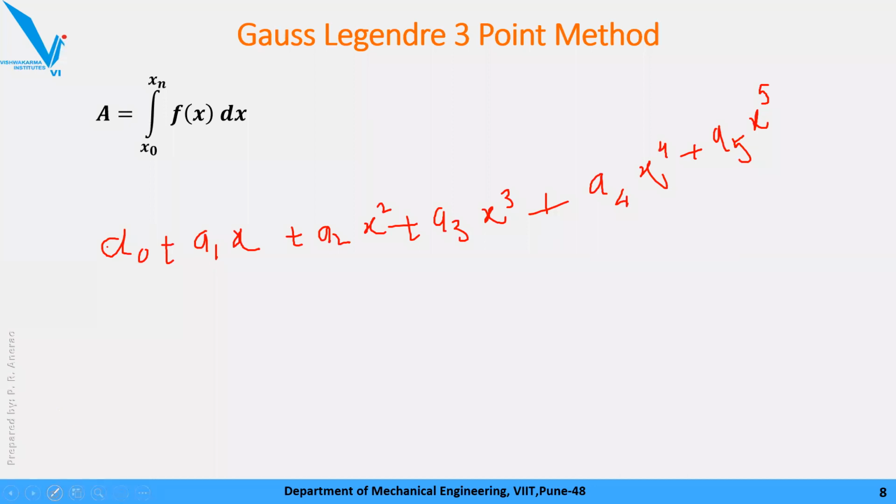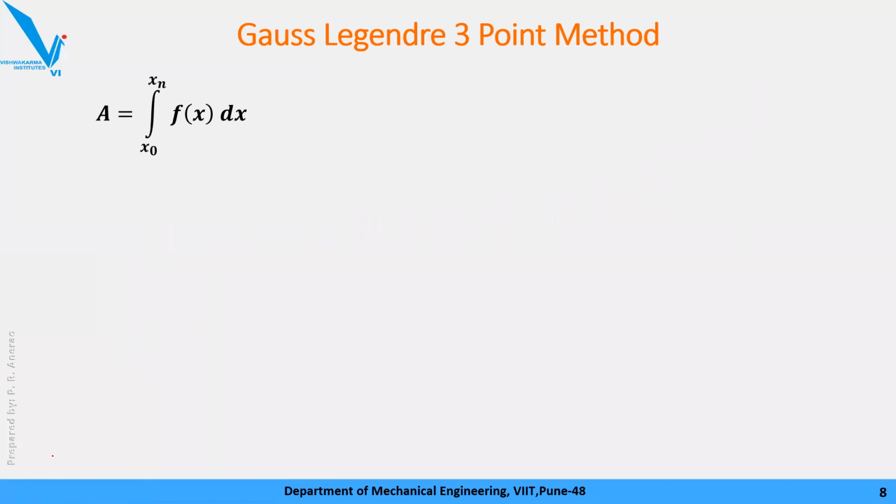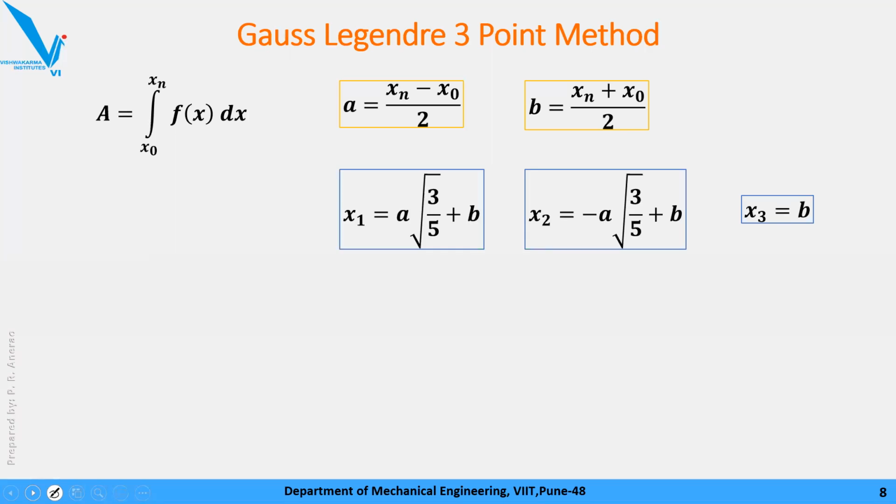Now compared to Gauss quadrature 2-point method, the formula is a little difficult in the latter case, the rest of the part is very easy. So first thing, similar to Gauss quadrature 2-point method, calculate a and b, no change in the formula, but there is a change in calculation of x1, x2, x3, because now there are 3 points, so there will be x1, x2 and x3. How do we calculate here?